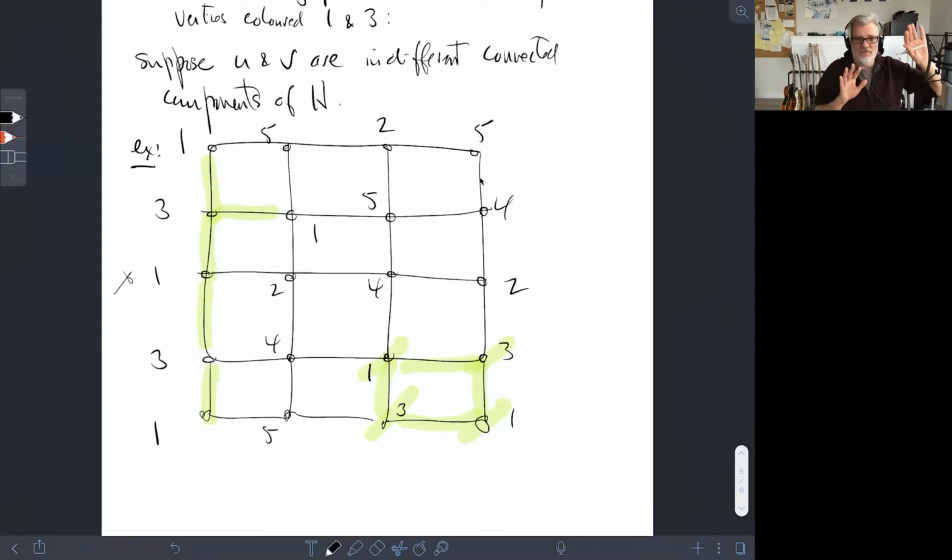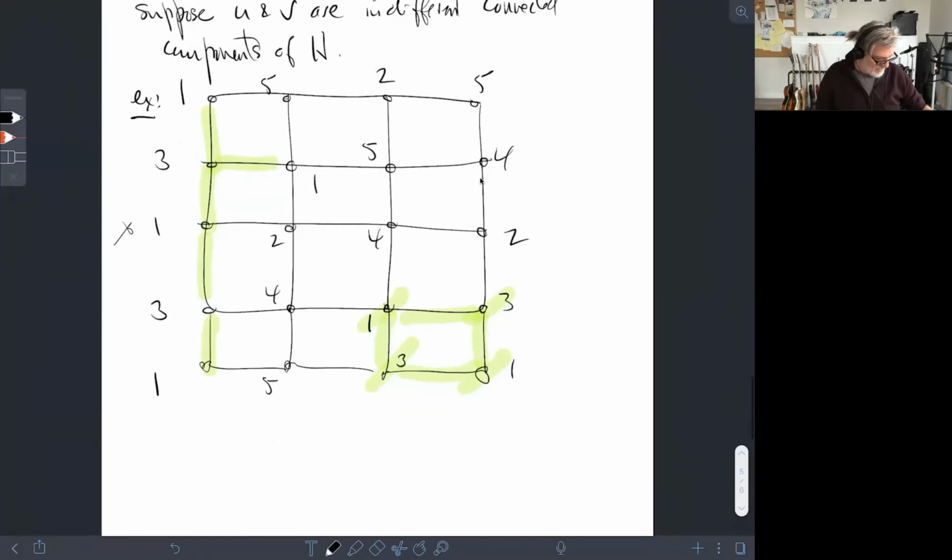If it's connected to 2s and 4s and 5s, whether it's 1 or 3 makes no difference, right? So exchange in one component the colors 1 and 3.